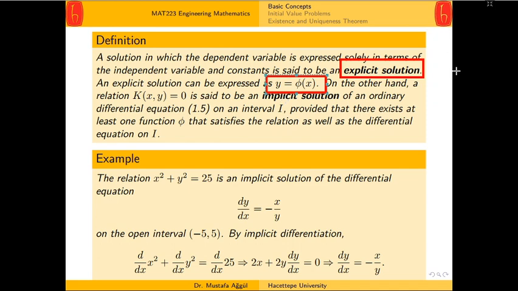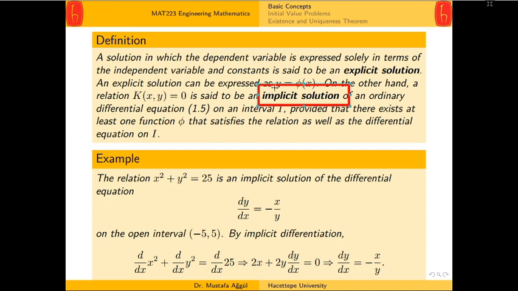On the other hand, a relation K of x comma y is said to be an implicit solution. In certain problems, we cannot solve for y in a relation like this, so we cannot really write the solution as y is equal to this and that.